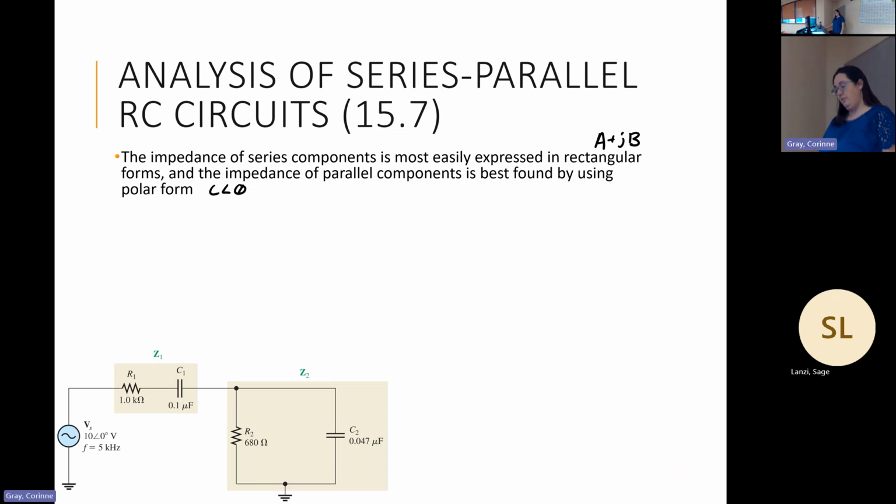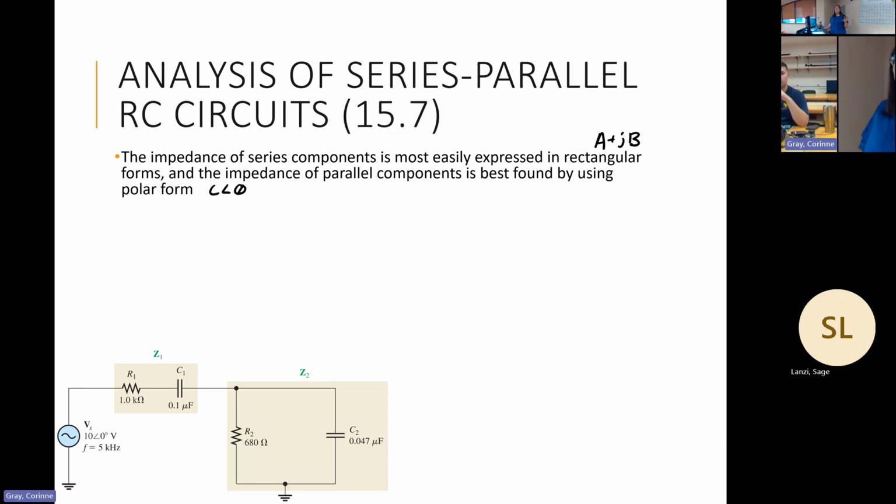What's Z2 in the series form? What would you combine the Z's with? Getting ahead, but yes, the idea is typically you'll convert your parallel into a Z value, and then you can just add them all in series together.